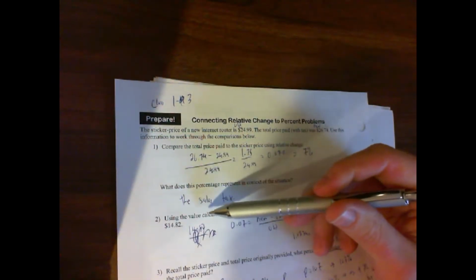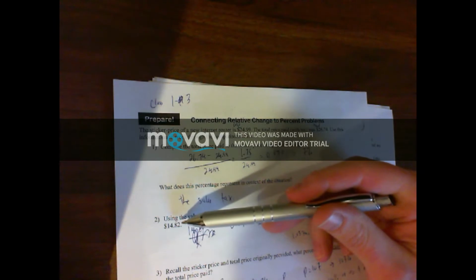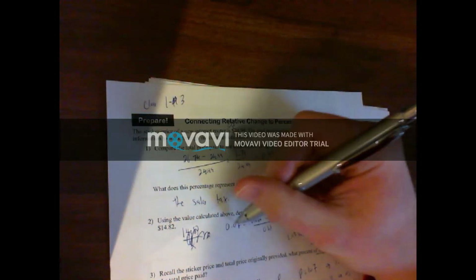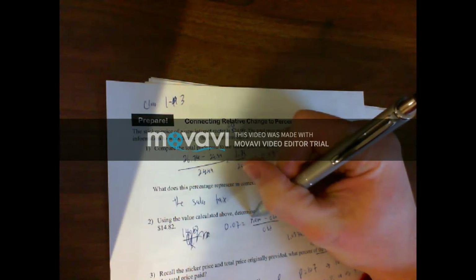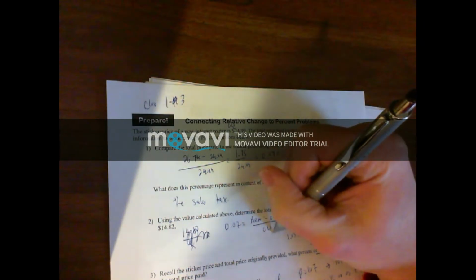Number 2 says, use the value calculated above to determine the total price of an item that has a sticker price of $14.82. We can think about this in 2 different ways. I wrote it one way here, and then we'll talk about the way we're going to use in the rest of the section. So we know we're using this 0.07, this relative change, with the relative change being new minus old divided by old.